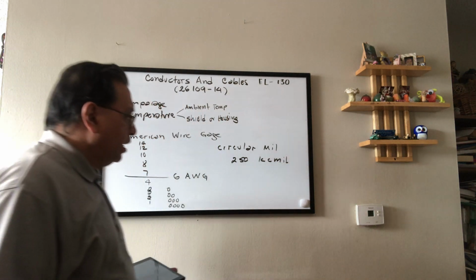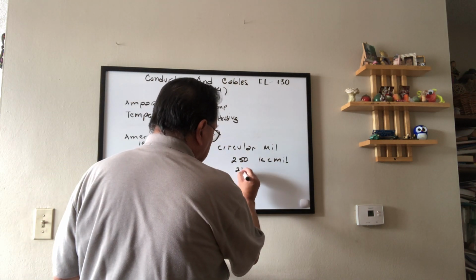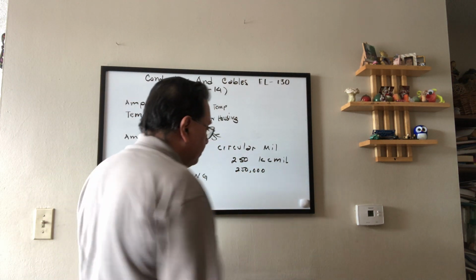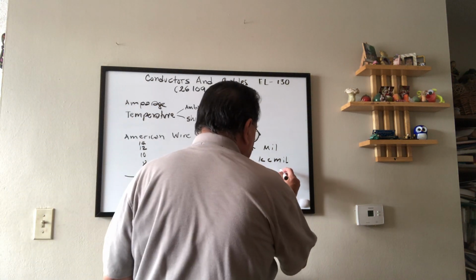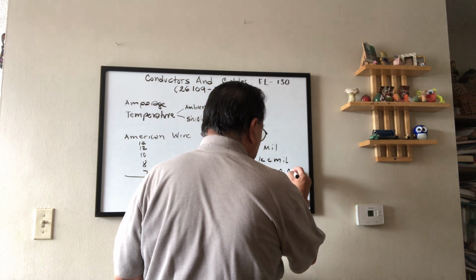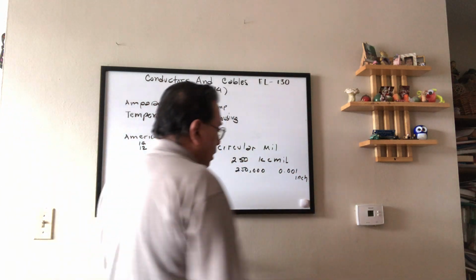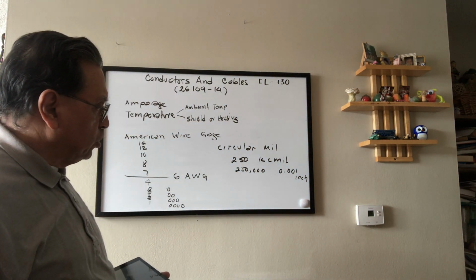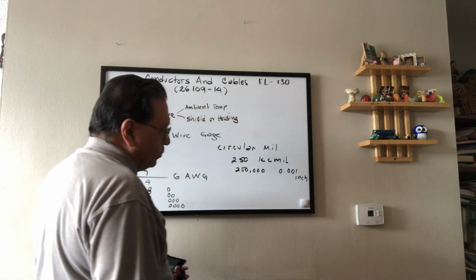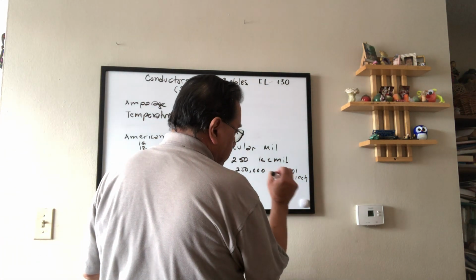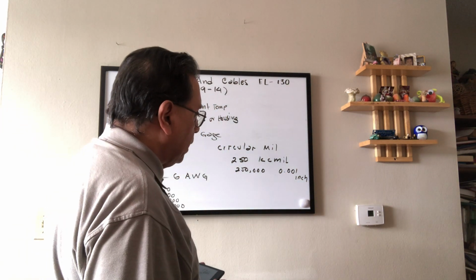It is telling me that there are 250,000 small wires whose diameter is 0.001 inch, which is a thousandth of an inch. So I have 250,000, the 1,000 is the K, of a small piece of wire whose diameter is 0.001 inch.